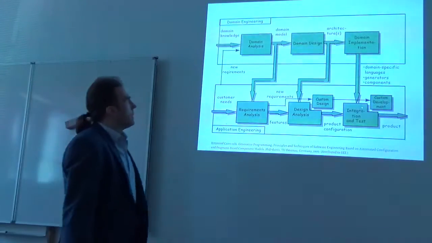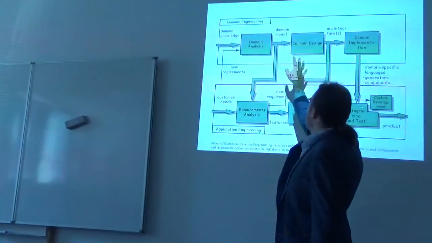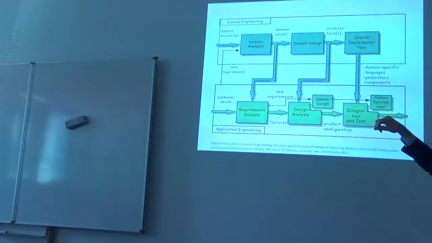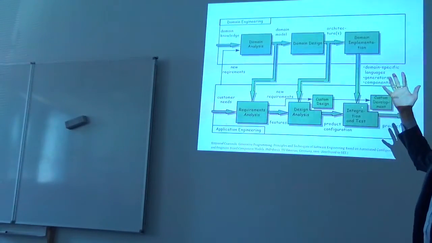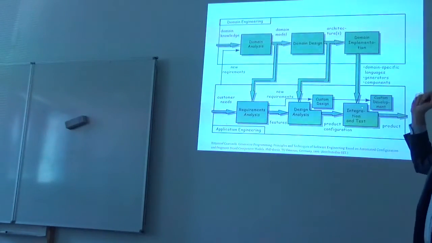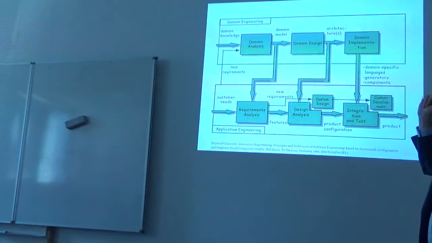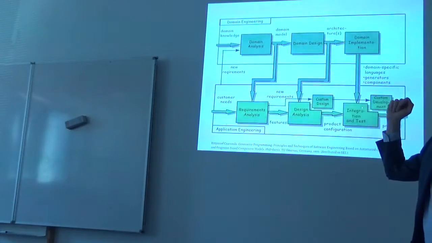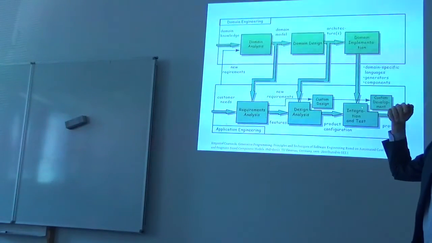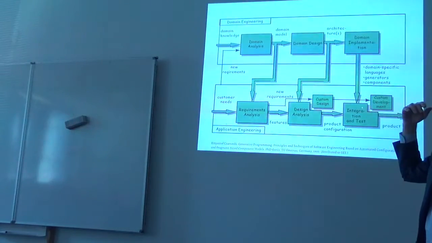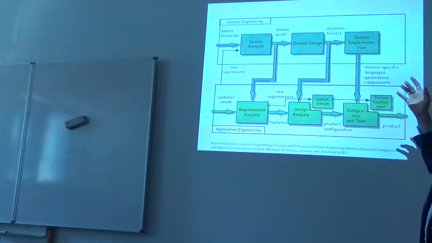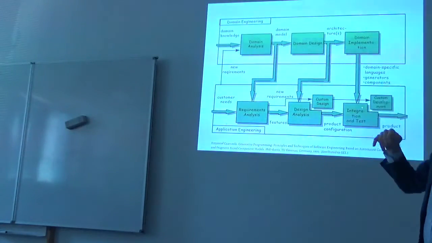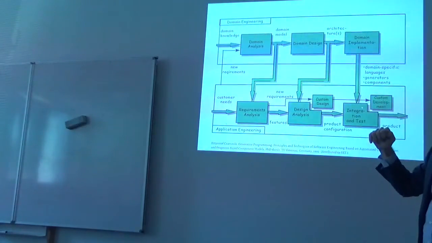Up there is the process called domain engineering, and sometimes when we talk about software product lines, this approach is denoted as domain engineering. Today, the prevailing notion is software product lines, but some years ago, mainly in Europe, domain engineering was the preferred one.